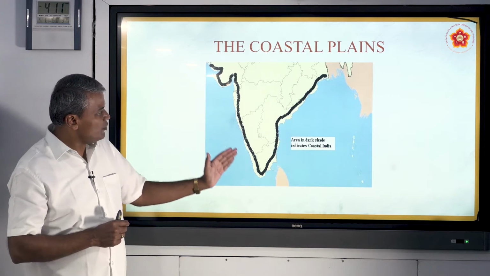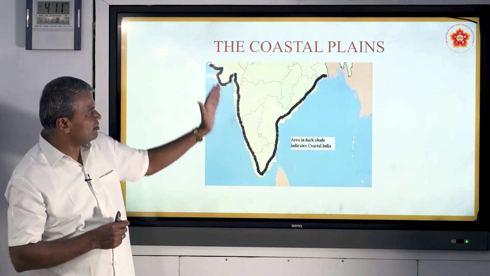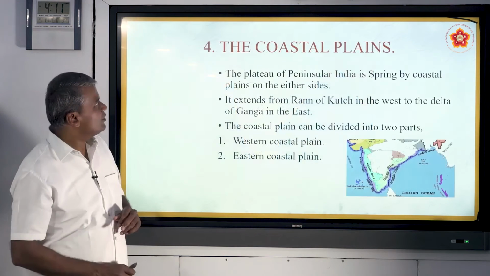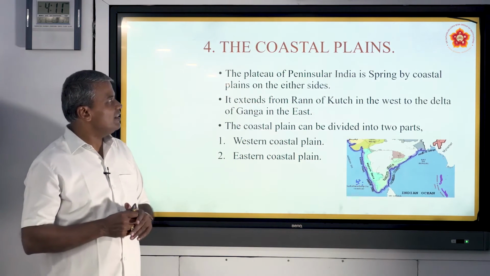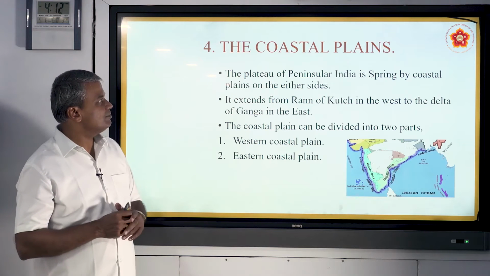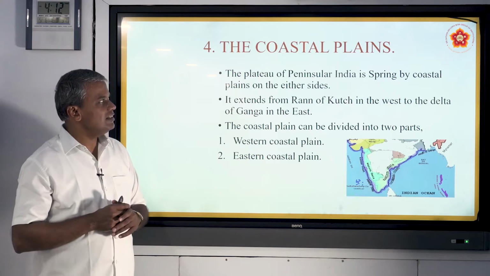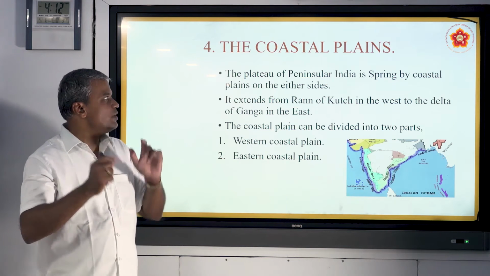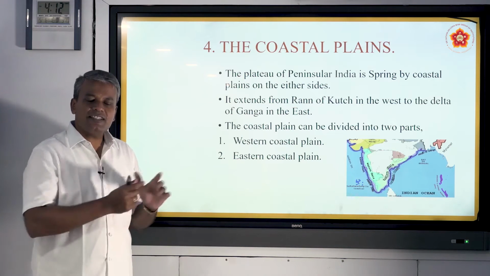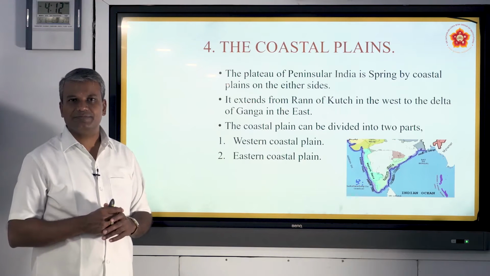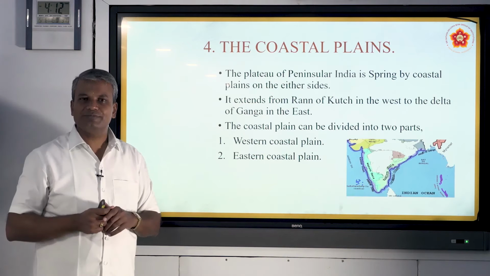So, if you look at the map, you can easily understand this area, the coastal plain. The plateau of peninsular India is flanked by coastal plains, the east coastal plain and also the west coastal plain, on both sides.